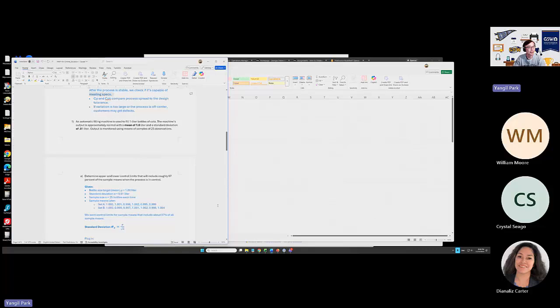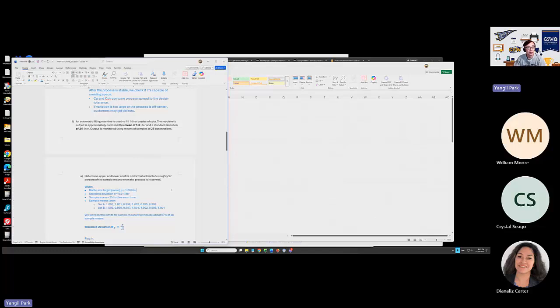So they want to find out, okay, the machine output is approximately normal, with a mean of 1.0 liters and a standard deviation of 0.01 liter, so that we can determine upper and lower control limits so that roughly 97% of sample means fall within them when the process is in control.